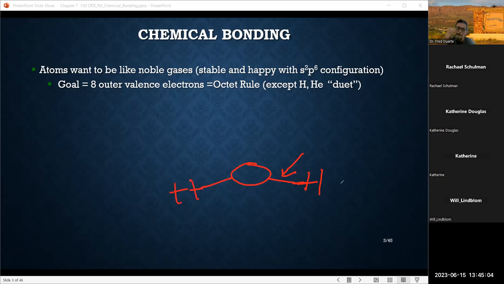Now, hydrogen, because of the duet rule, can have at the maximum only one bond. That's it. One bond. Now, water again has 2 lone pairs.